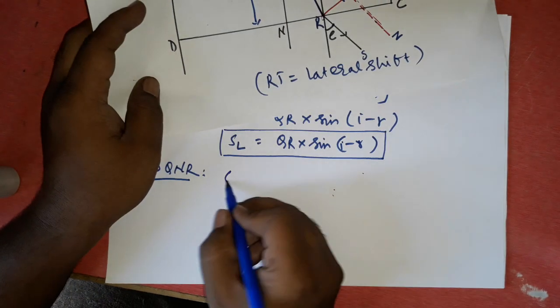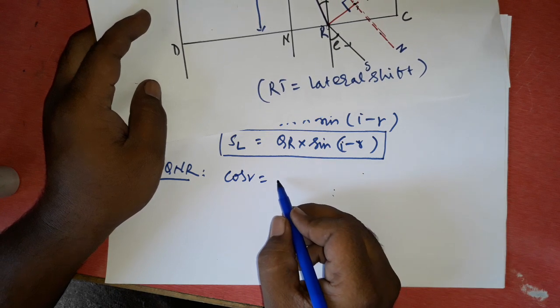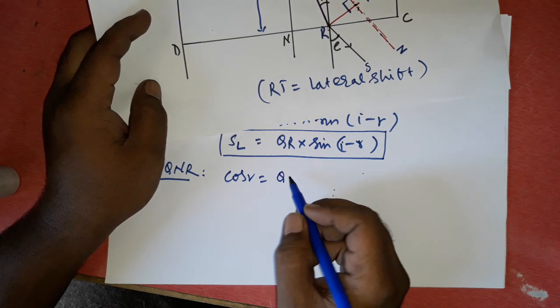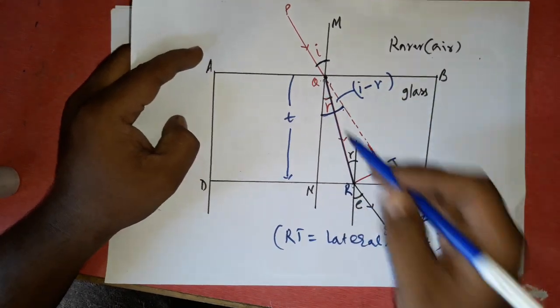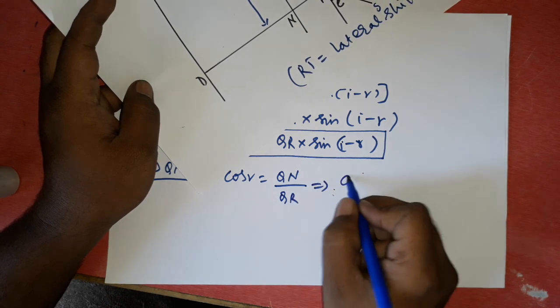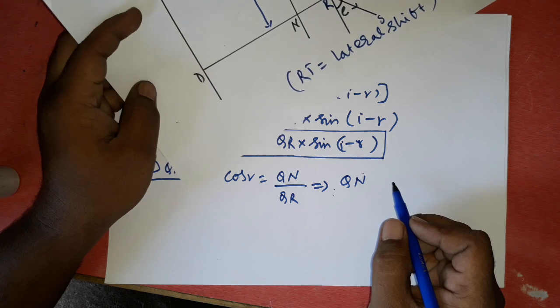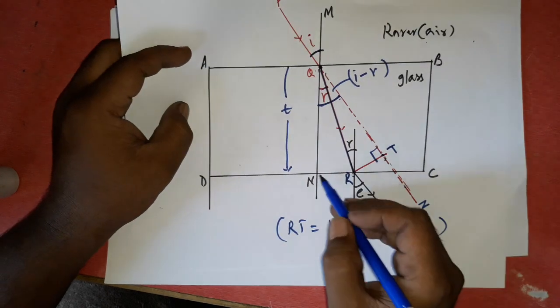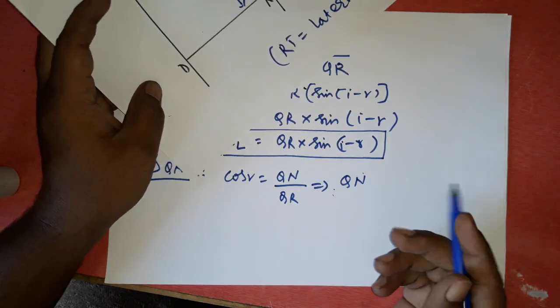See, if I take cos r here, cos r will be equal to adjacent QN, hypotenuse is QR, which implies QN is adjacent by hypotenuse.